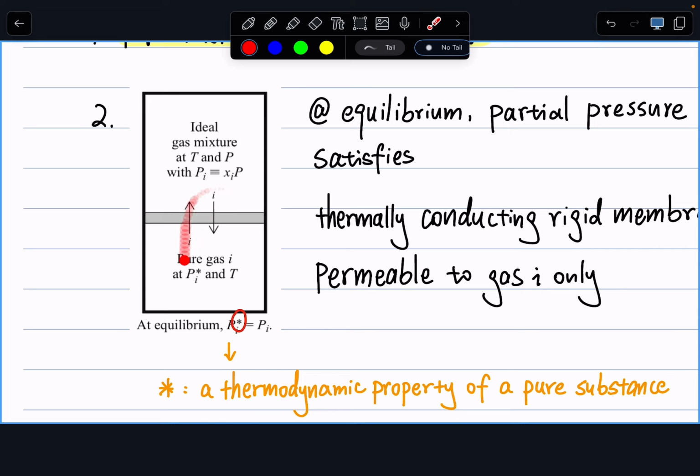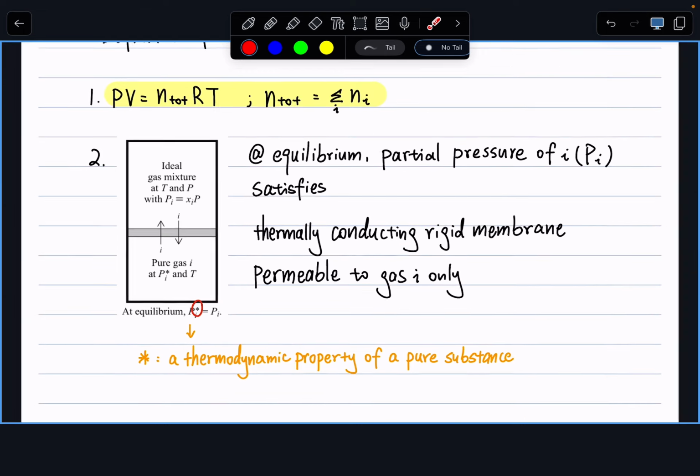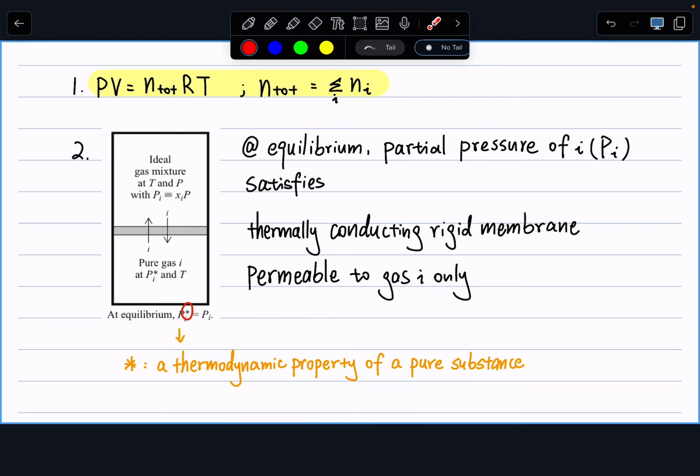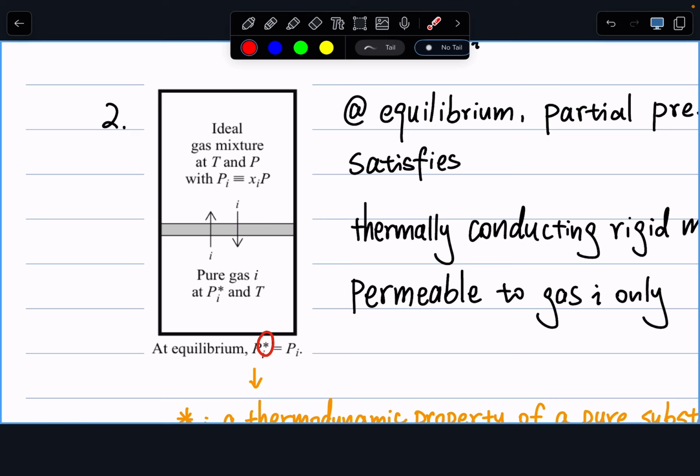So in here, if we think about this equilibrium scenario that we can construct for the ideal gas mixture, we want to say that on the top, we have our ideal gas mixture at temperature T and P. Or in other words, on the top, we have mu_i, which is the chemical potential of substance i in the mixture as a function of temperature, pressure, its mole fraction chi_i, and also all the other mole fractions. So that's the top part.